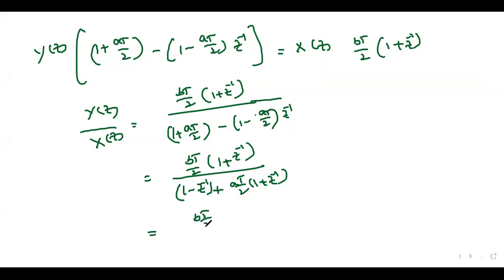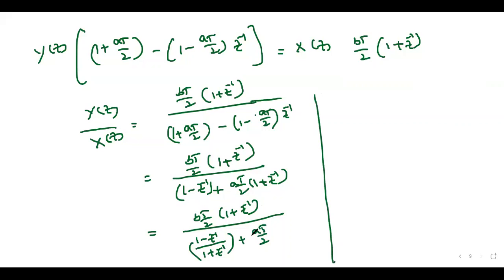Therefore, it can be written as bT by 2 into 1 plus z inverse divided by, here I will take 1 minus z inverse by 1 plus z inverse plus aT by 2. Therefore, aT by 4, yes, that whole into 1 plus z inverse. Then this and this is cancelled.